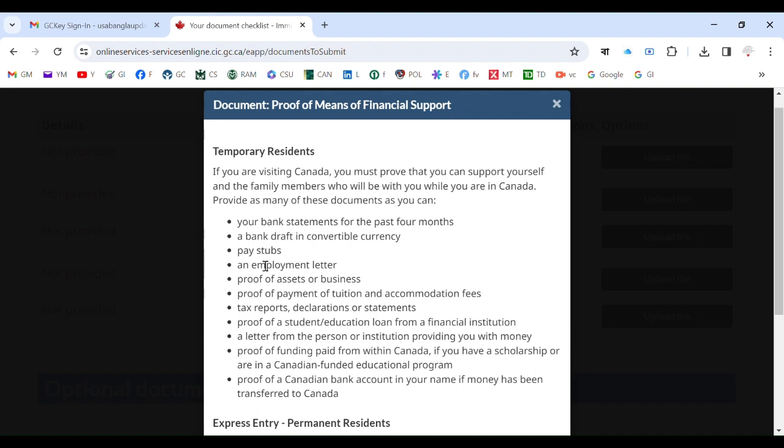These are the documents related to your fund or your spouse's fund, or whoever is sponsoring you, whoever is giving you financial support. I'm telling you again, it is always better if you have something in your own account, no matter what.